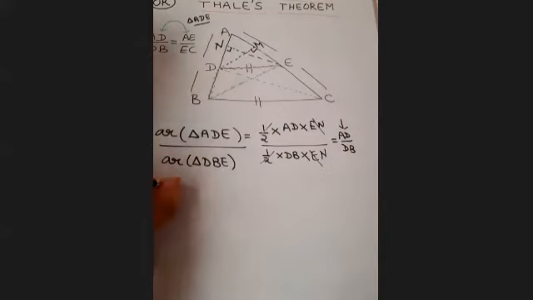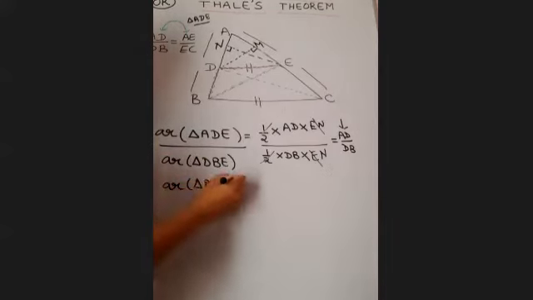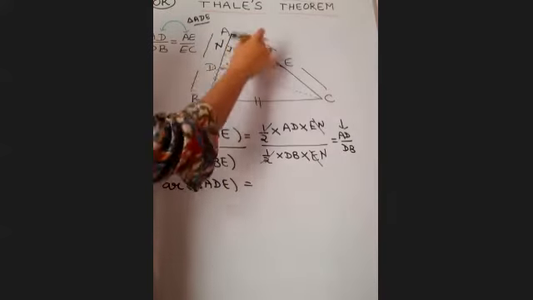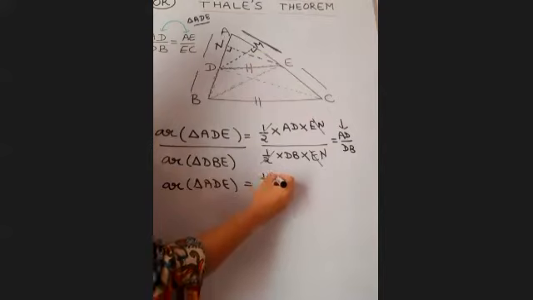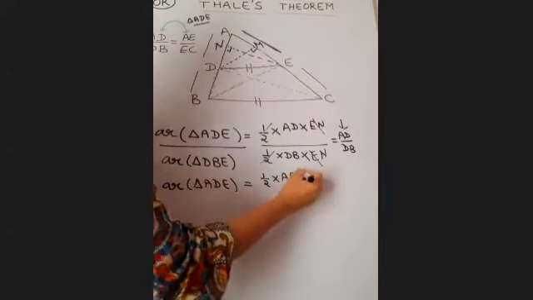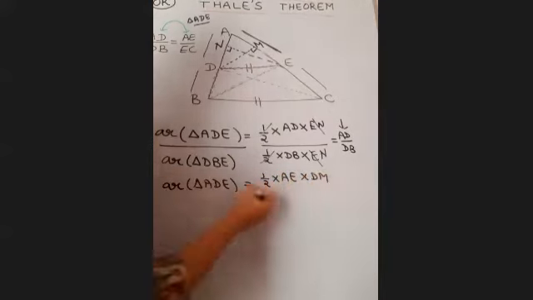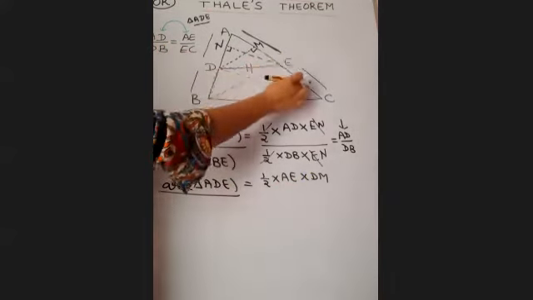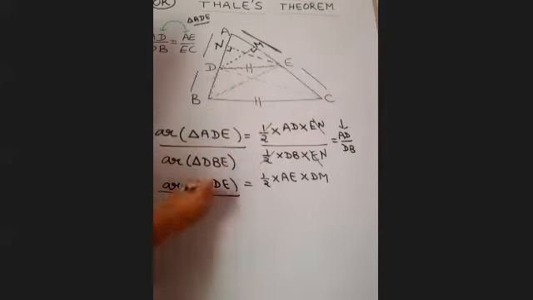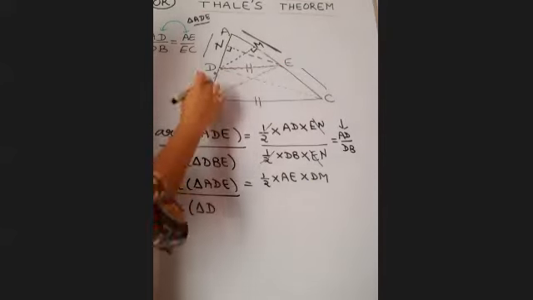AE. Again, the area related to AE is ADE. Now, if I take ADE with AE as base, what will be the perpendicular, children? DM. For EC, what is the triangle related to AEC? DEC.